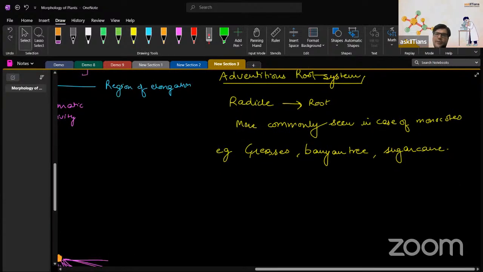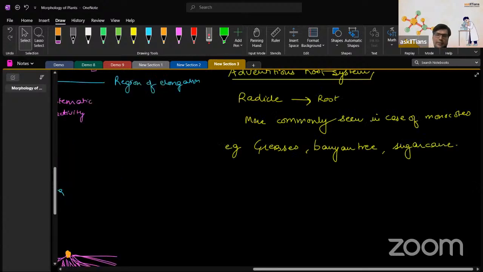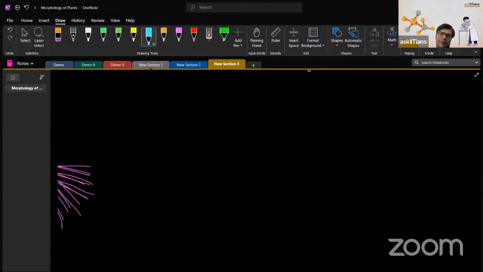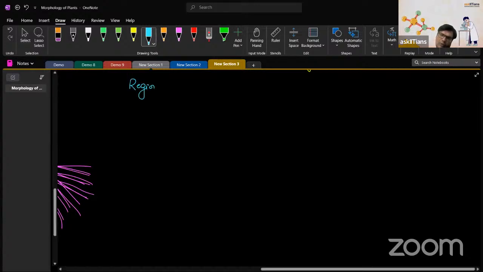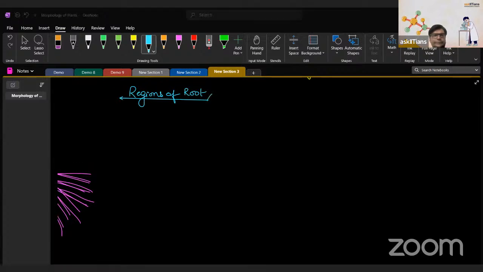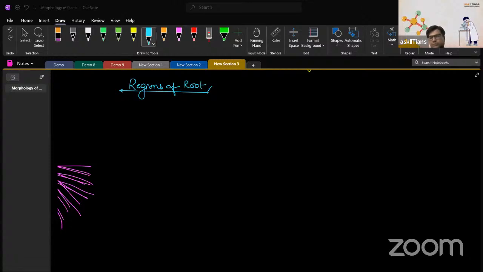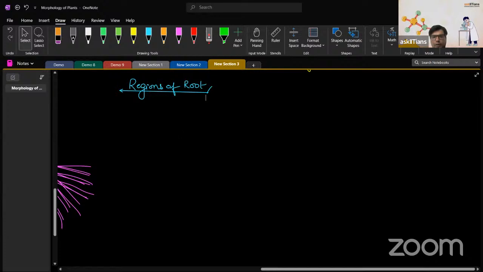Now, let's move to the regions of root. We discussed that, but let's discuss them a little more, maybe we missed something. Let me use another diagram here. Let's use a simple diagram that will help us. In order to understand the different regions of root, we're going to use this diagram.